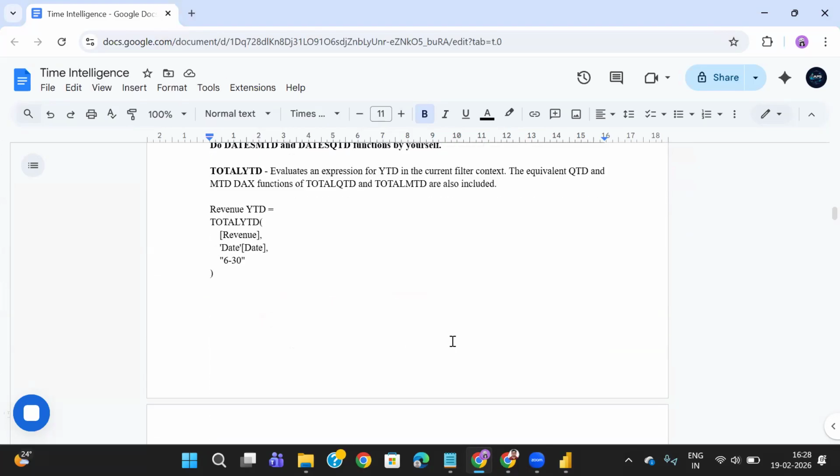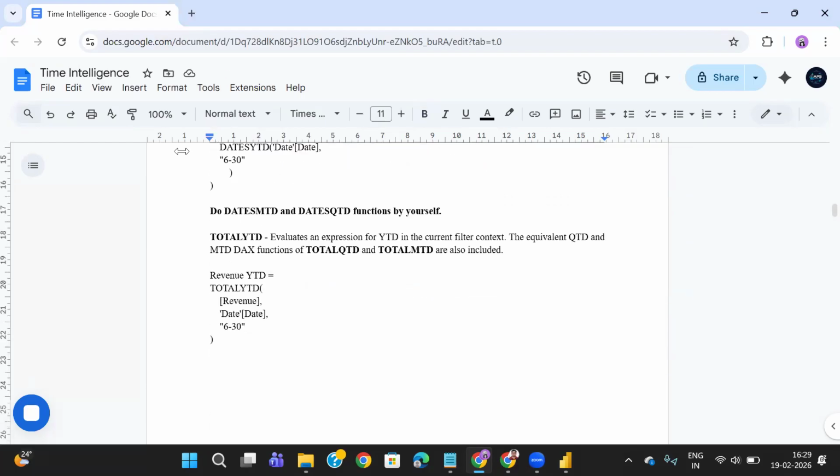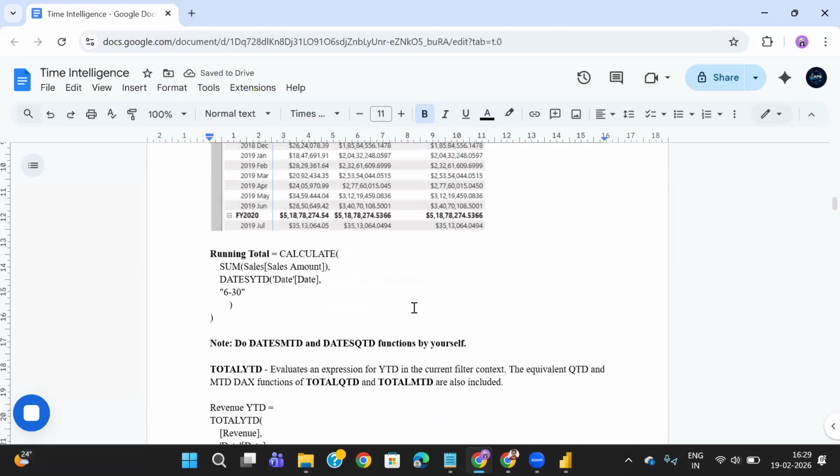Also the total QTD and total MTD by yourself, and see the difference. Why you have used it. So this is the note I have written for you. So that's how our running total works.